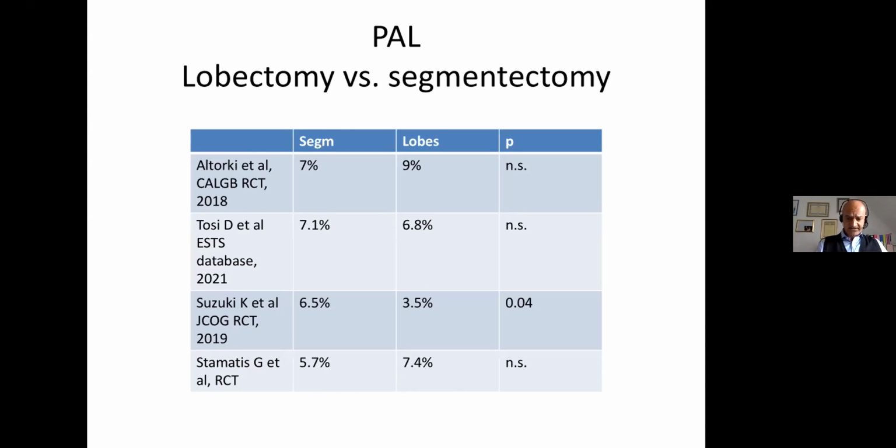But the incidence of prolonged air leak after lobectomy was very, very low. And please keep in mind that this is a population of fit patients in a randomized trial.